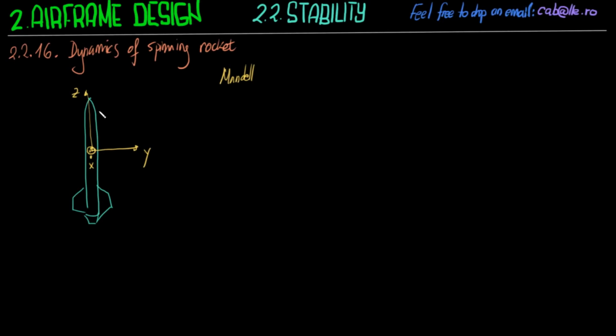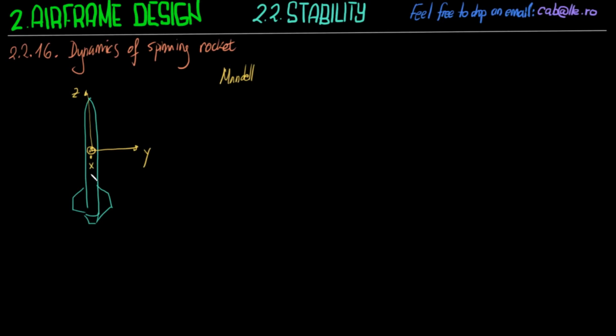So what this means is that if the rocket rolls, the Y and X axes are fixed. You can think of X and Y as axes that are always in this plane.